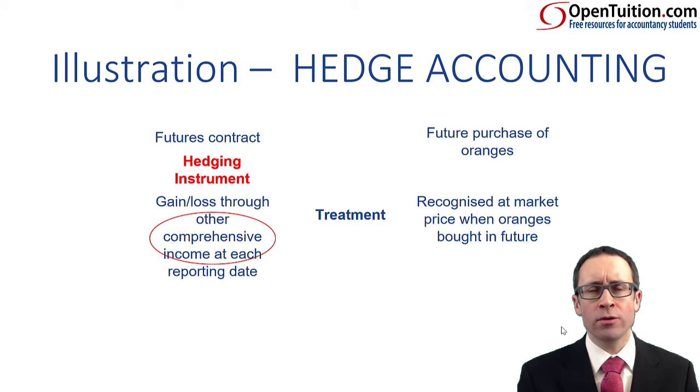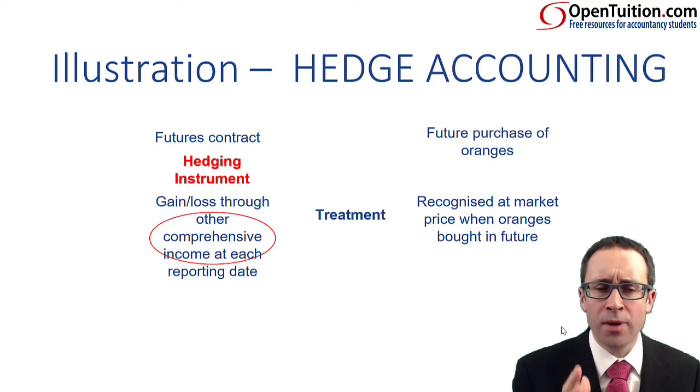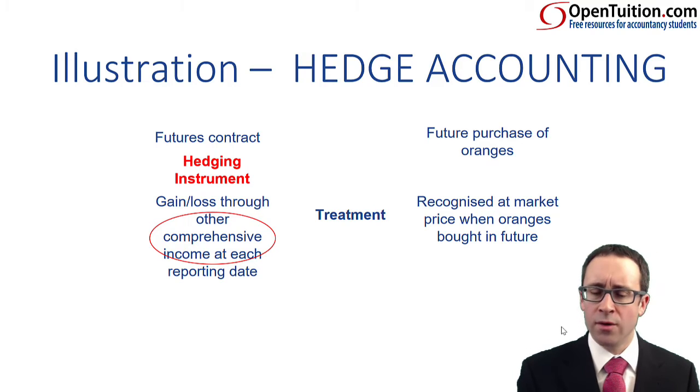That gain now goes through OCI. If the price goes down, then we've lost our bet, so we have a loss. That loss now goes through OCI because the hedging instrument, that futures contract, is part of a cash flow hedge.